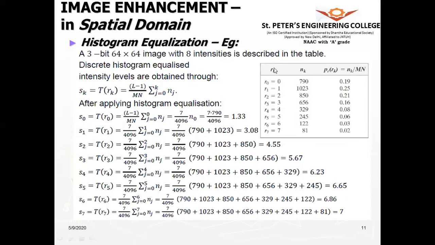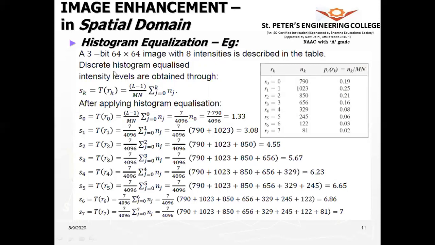Rk represents the different intensities 0 to 7, and Nk represents the number of pixels having those intensity values, and this is the probability. By calculating Nk by MN, we obtain this probability. In a problem, these two should be given, or at least this should be given, stating the different intensity values, so that we can go ahead with the computation.